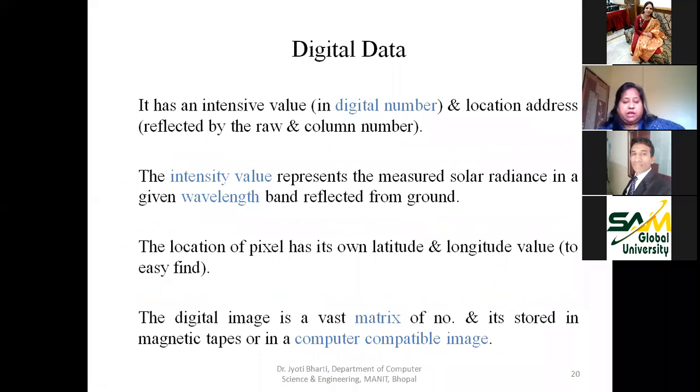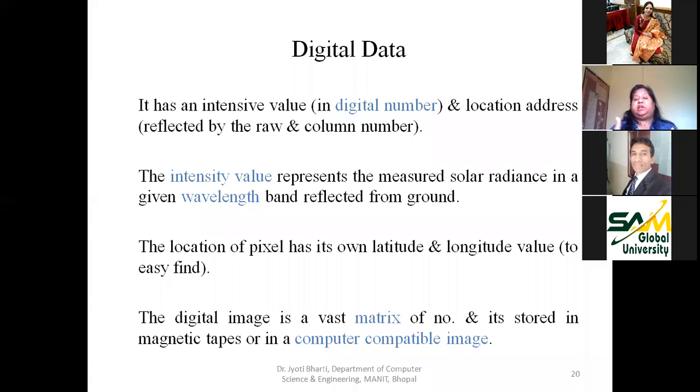Basically, this spatial data is formed by the reflection of the energy which falls on the object or on the land. Whatever energy has been reflected is captured by the satellite, which processes it and converts it into RGB form.